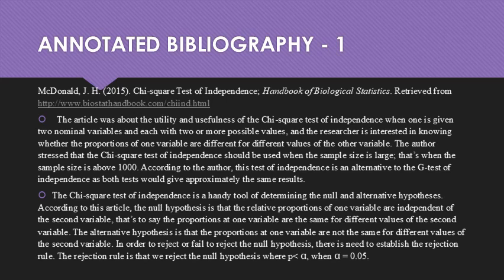In order to reject or fail to reject the null hypothesis, however, there is need to establish the rejection rule. The rejection rule is that we reject the null hypothesis when p is less than alpha, where alpha is equal to 0.05.